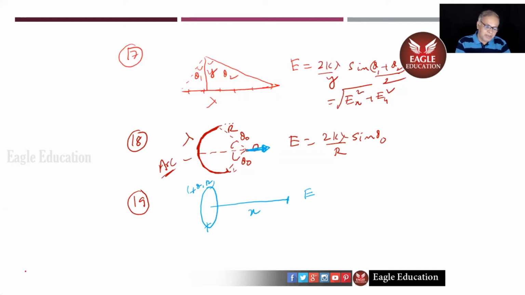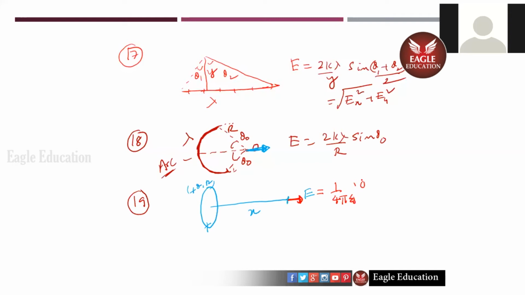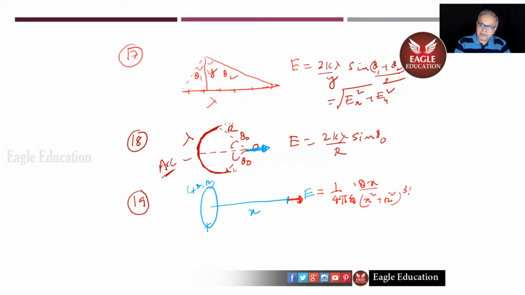And that E's magnitude is 1 by 4 pi epsilon 0, Qx by (x square plus r square) all power 3 by 2. So this will serve the purpose of all the ring problems. Remember.